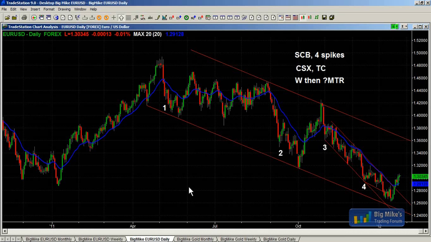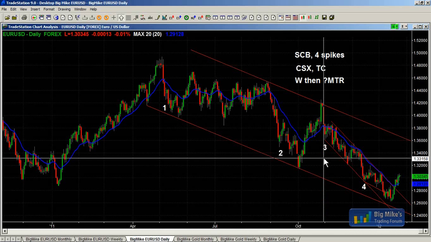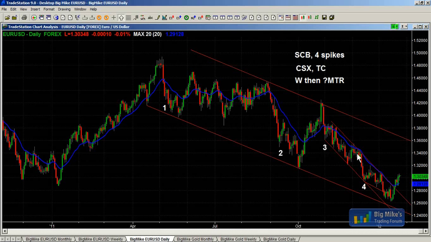I mentioned consecutive buy climaxes being unsustainable. Consecutive sell climaxes are unsustainable. Every large trend bar or series of trend bars is a sell climax. So we had a couple bars here. We had one here, and then we had another one over here, over here, over here. That's climactic behavior.